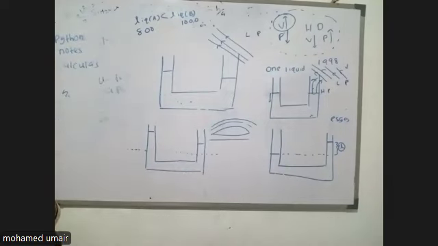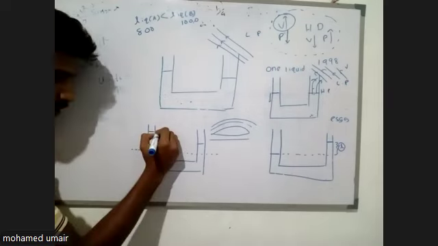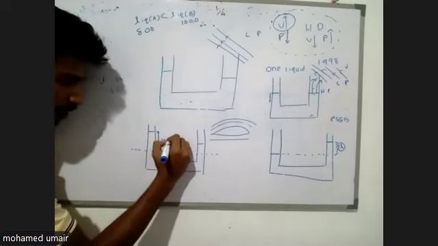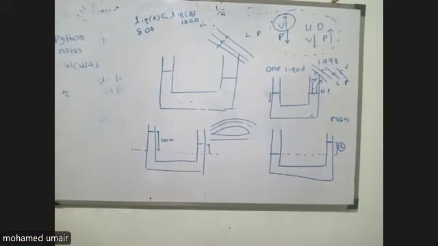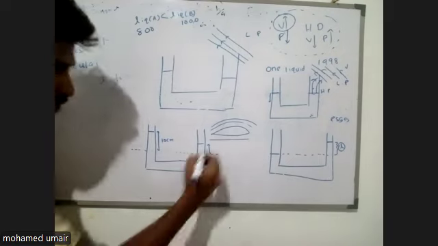The initial heights were 10 centimeters, and the height of the other liquid was 8 centimeters.